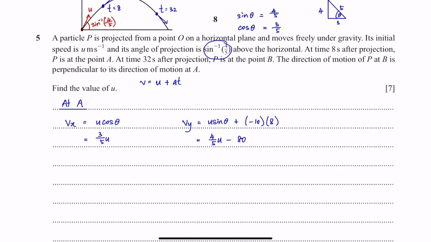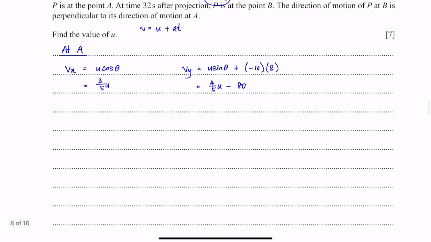Okay, so the direction of motion at point A would be tan alpha equal to Vy, which is 4 over 5 u minus 80, divided by 3 over 5 u. So this would be (4u minus 400) divided by 3u.